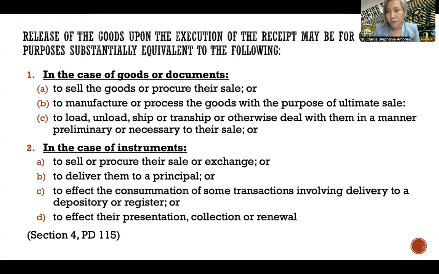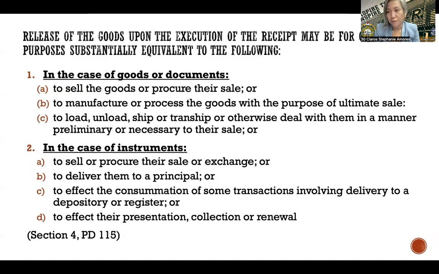And another purpose is to load, unload, ship, or transship, or otherwise deal with the goods or documents in any manner which can be preliminary or necessary to a sale. So let me emphasize that ultimately, the goods or documents must be disposed for sale.